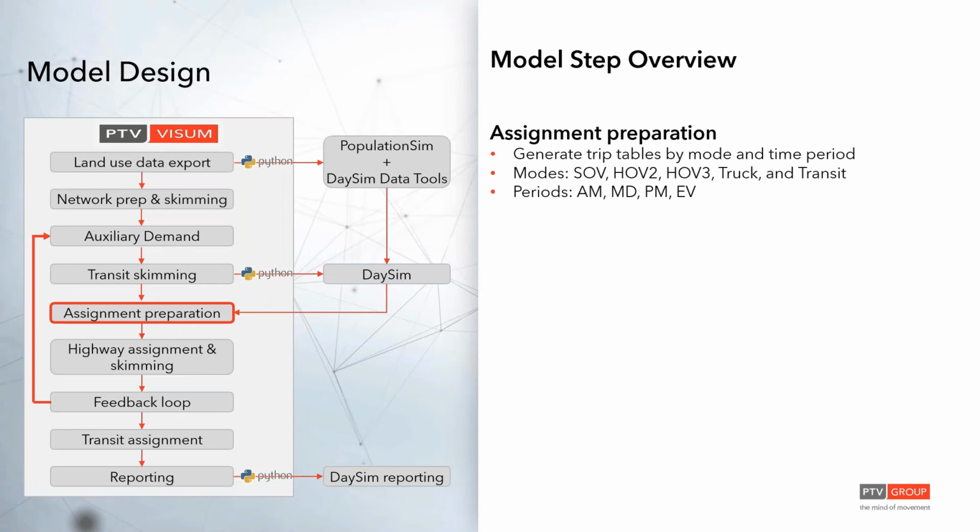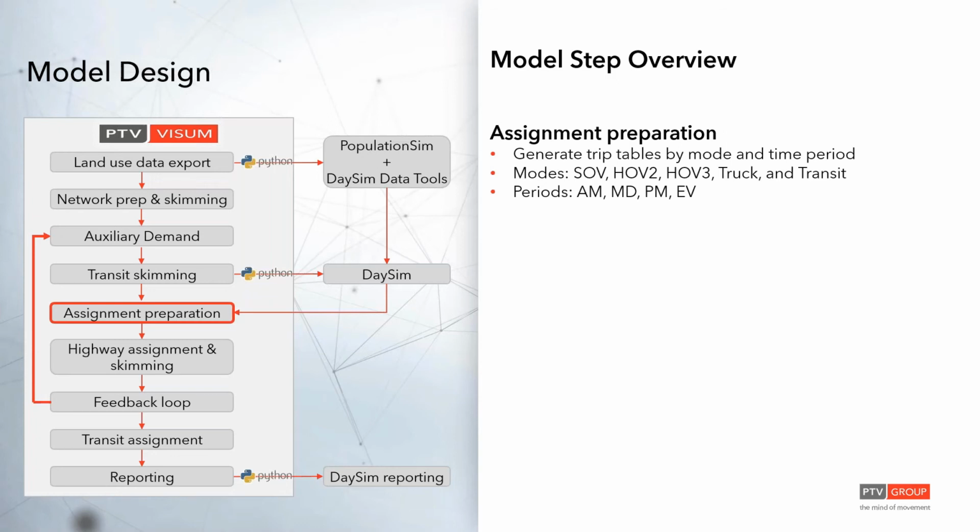And then in the assignment preparation step, those trip lists are converted to TAZ level trip tables, and then they are combined with the auxiliary demand. And the trip tables are segmented by 5 modes: SOV, HOV 2, HOV 3, truck, and transit.